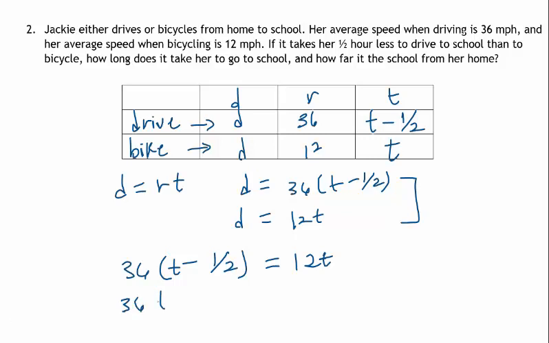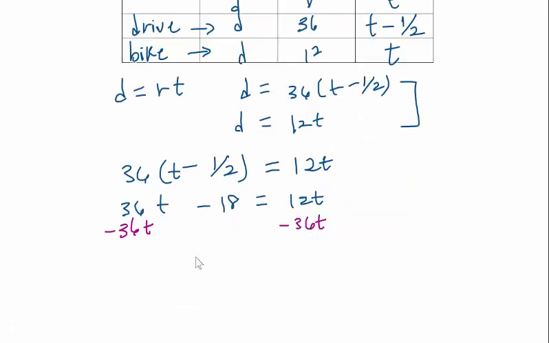Distribute. On the left, we have 36t minus 18 is equal to 12t. Move the t terms together. And I would do that by just subtracting 36t from both sides. Okay, and now we have negative 18.